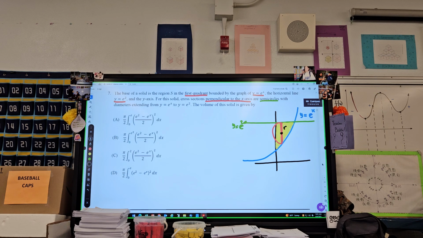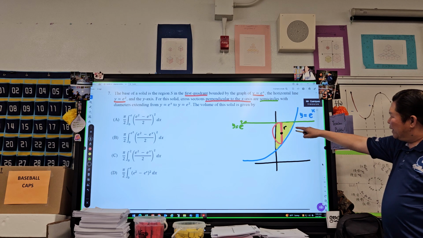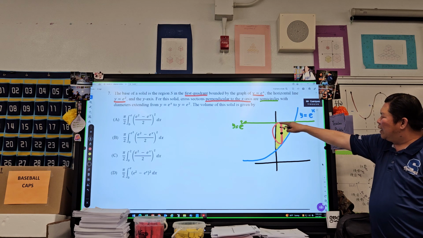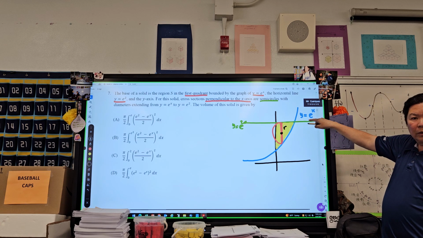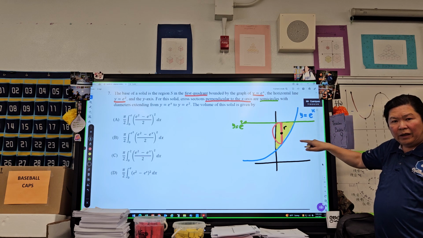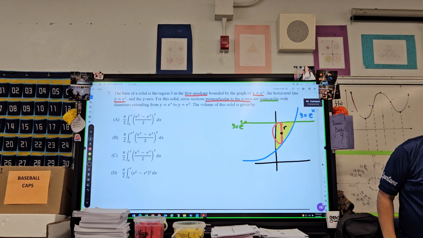We're gonna have pi r squared. Okay, but what is that equivalent to? This right here is coming from the upper, which is the f of x, right? Minus the lower. You get me?